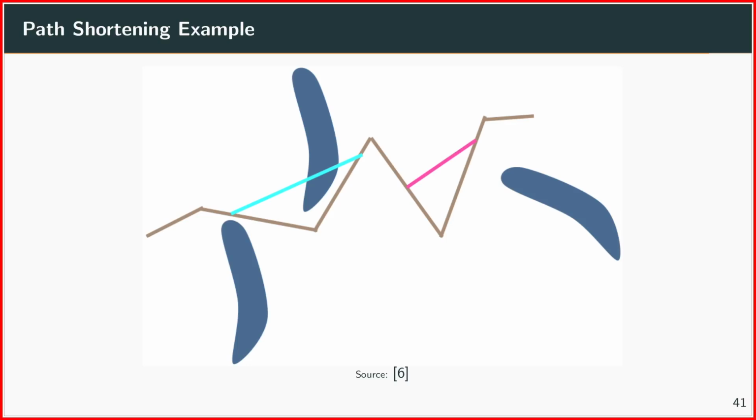And if it's not in the valid workspace, then you discard it. And if it is actually in your free workspace, then you add it to your path. And in this way, you can successively shorten the path. So you pick, again, in the next iteration, 2 points. You try to connect them. You get a shorter path, and you do that, and so on, until you converge or you can't find any more valid connections here.